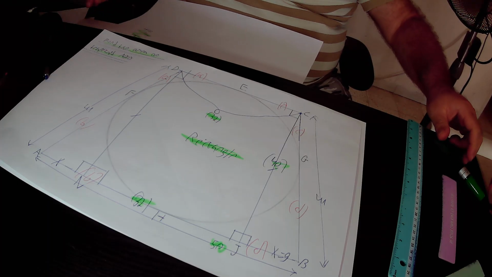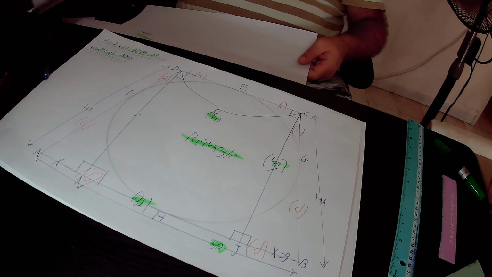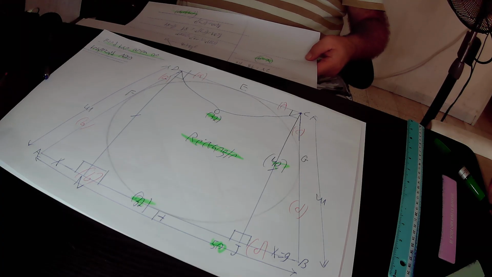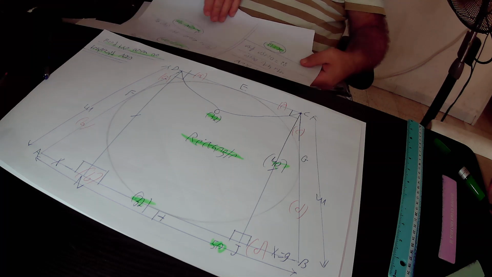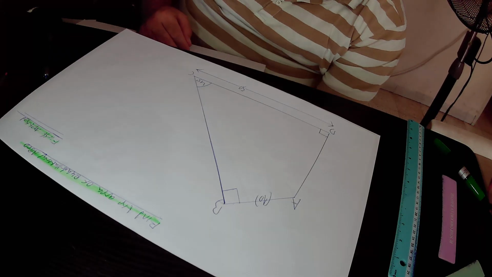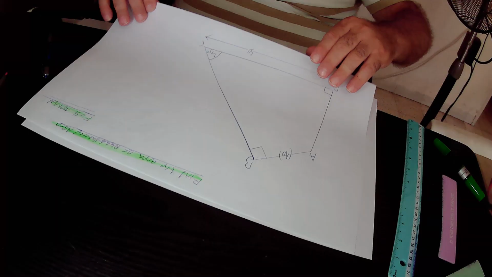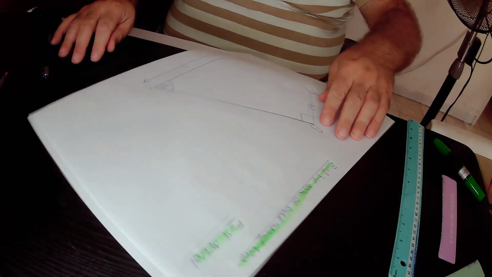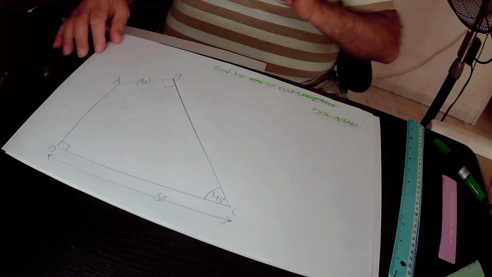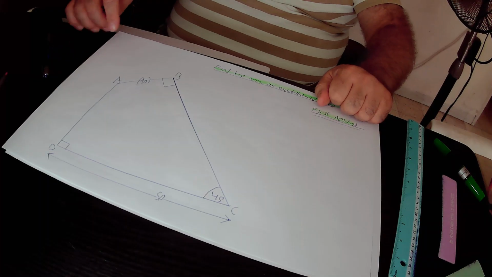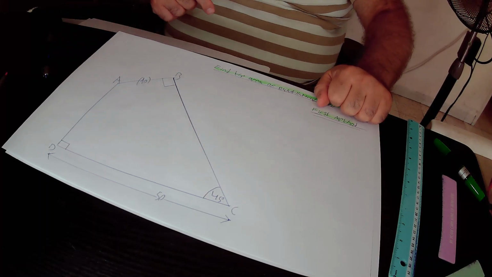In the next step, I'll present to you the second question, and we'll solve the second question by using two different methods. In the second question, our test is to find out the area of this quadrilateral ABCD.